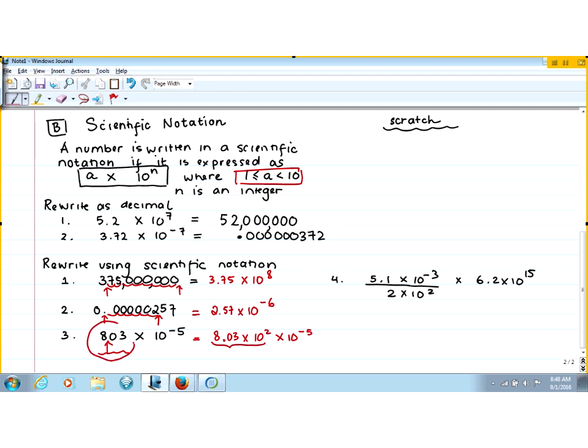No. So what I did was I converted this part, 803, into scientific notation, 8.03 times 10 squared. Now, what am I supposed to do now? Combine this. So this is 8.03. What about 10 squared times 10 to the negative 5th? What is 10 squared times 10 to the negative 5th? 10 to the? All right.